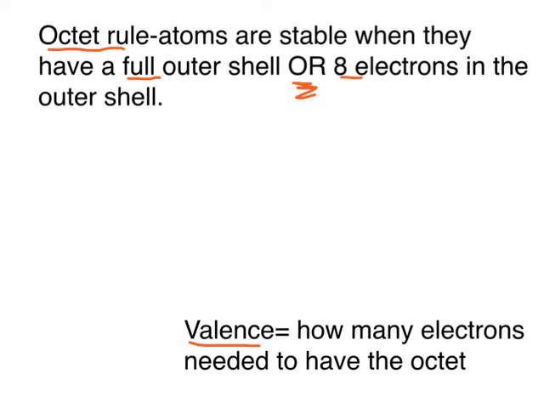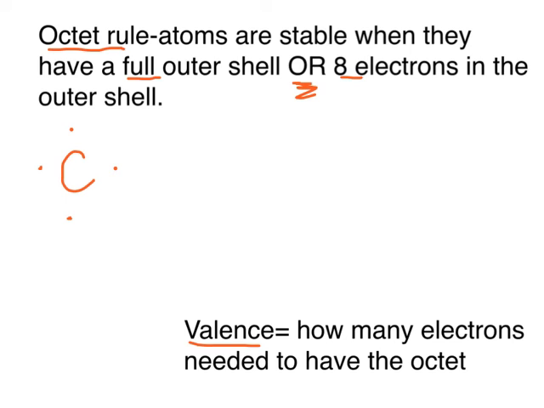So carbon, for example, remember carbon, in its outer shell, it looks like this, right? Does carbon have an octet? No, it does not. Okay, carbon does not have an octet. It actually only has 4 electrons in its outer shell. So carbon is actually not a stable atom.